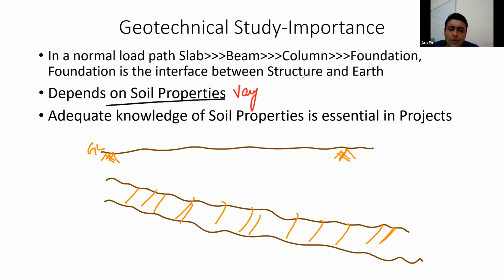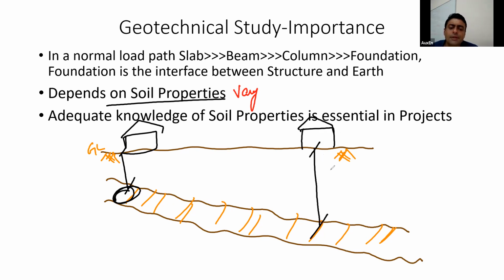So at this location, at shallower depths, you will get hard strata. But let us say you had to construct something at this location, you would have to dig deeper, isn't it? So these types of variations you can get even within one large site.